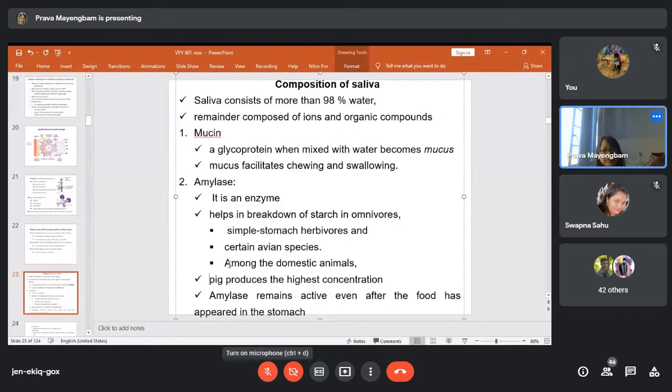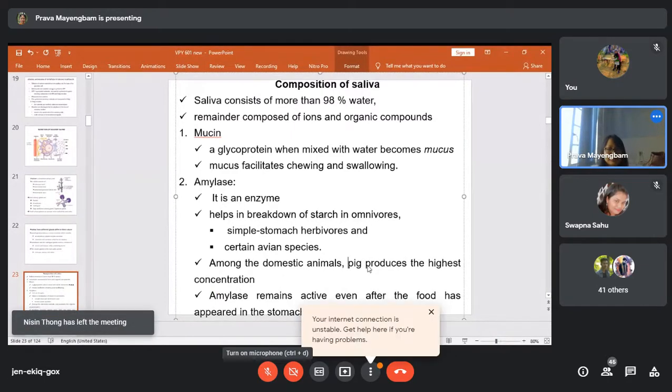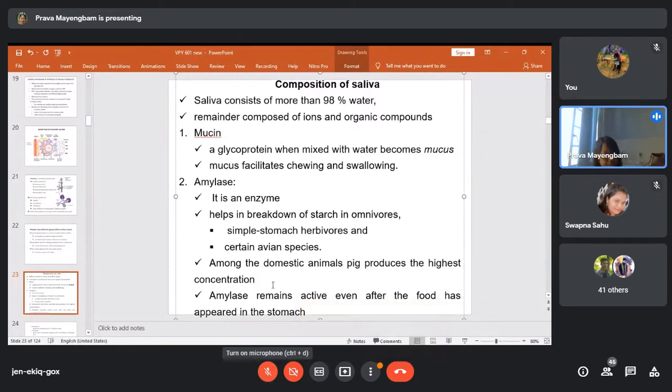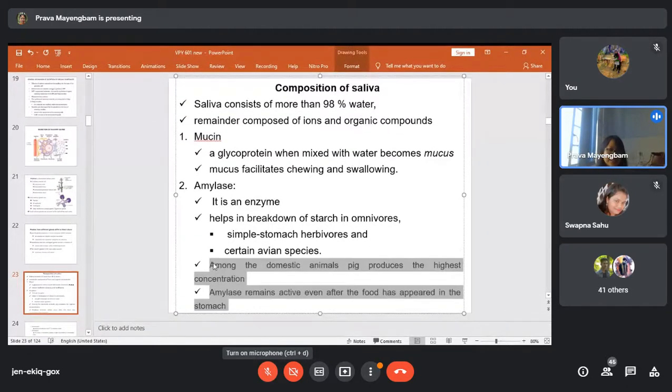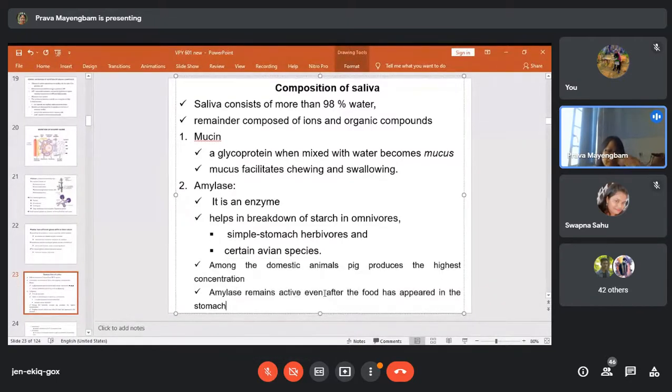Among the domestic animals, the pig produces the highest concentration, and amylase remains active even after the food has appeared in the stomach. So what do you understand by this last point? Amylase remains active even after the food has appeared in the stomach.